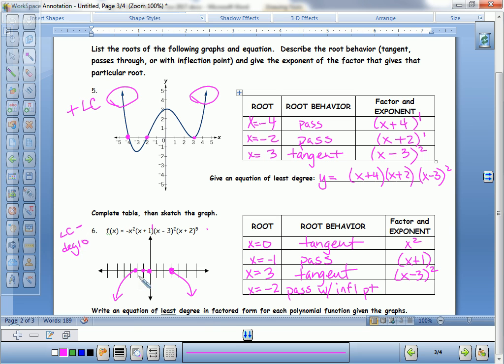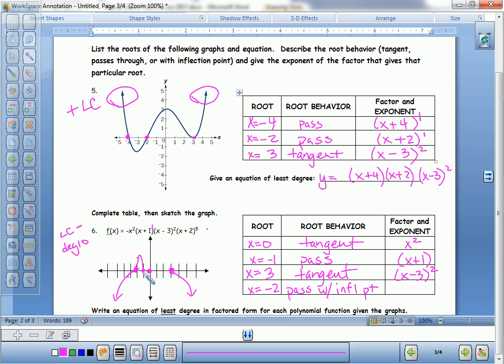All right. At -2, it passes with an inflection, so I'm going to try to make a whee. At -1, it's just going to pass. Oh goodness, I feel like I'm curling back on myself. All right, maybe problems. There we go.